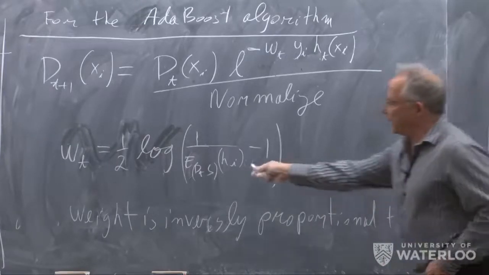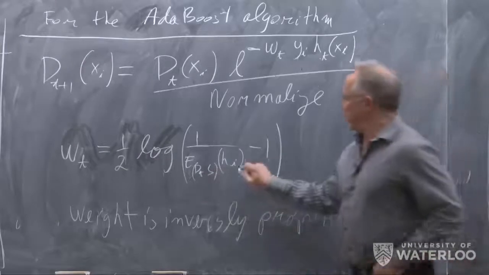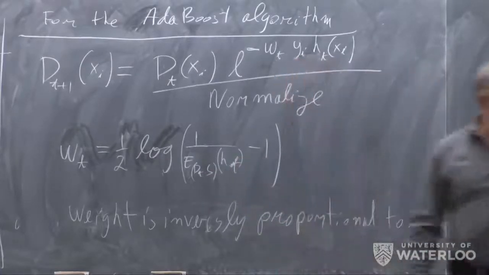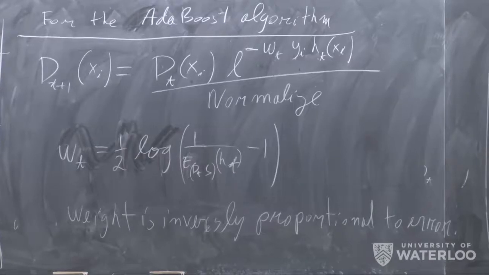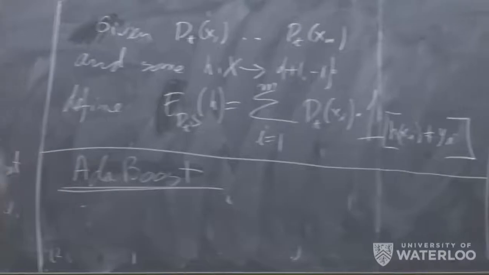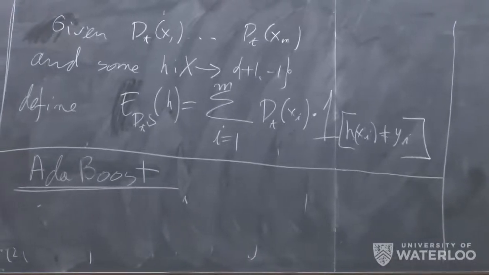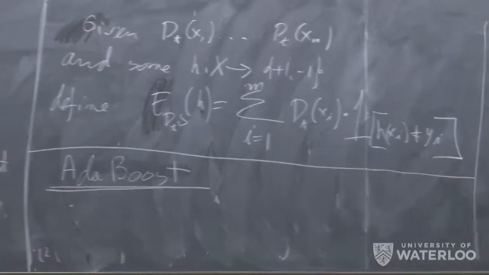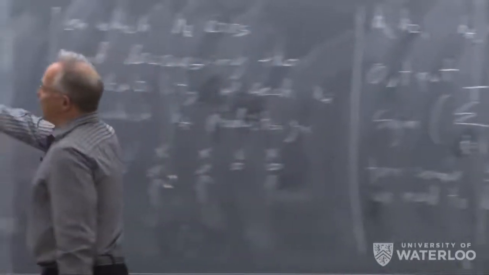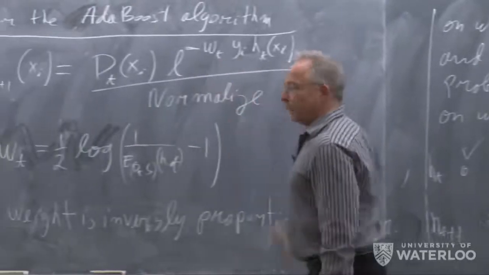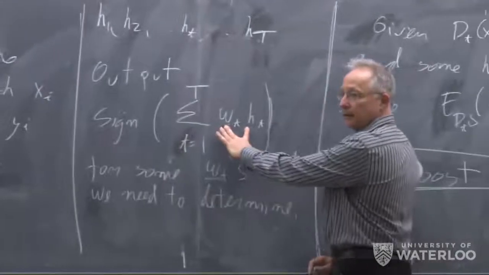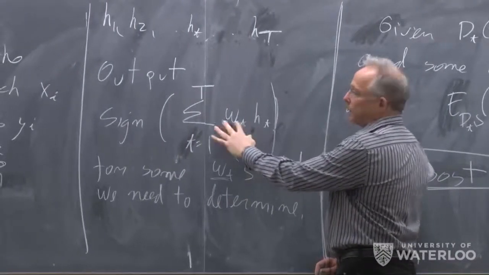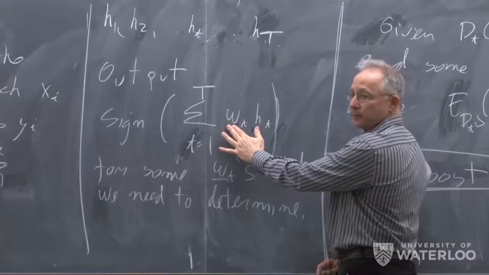So I check the error of h_t as we defined it here, and we give bigger weights when you are more correct and smaller weights when you are less correct. Those weights play two roles. They tell you by how much we update each time, and they tell you how much this h_t will weigh at the end. At the end, we will give more consideration to h_t's that gave small errors.